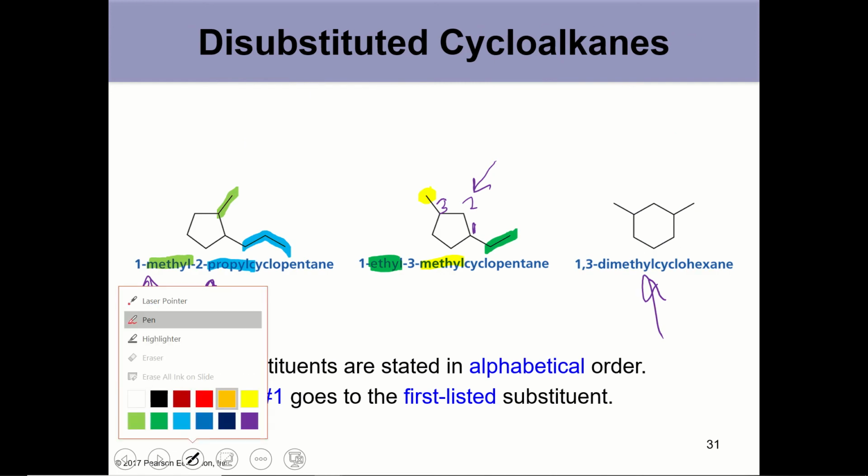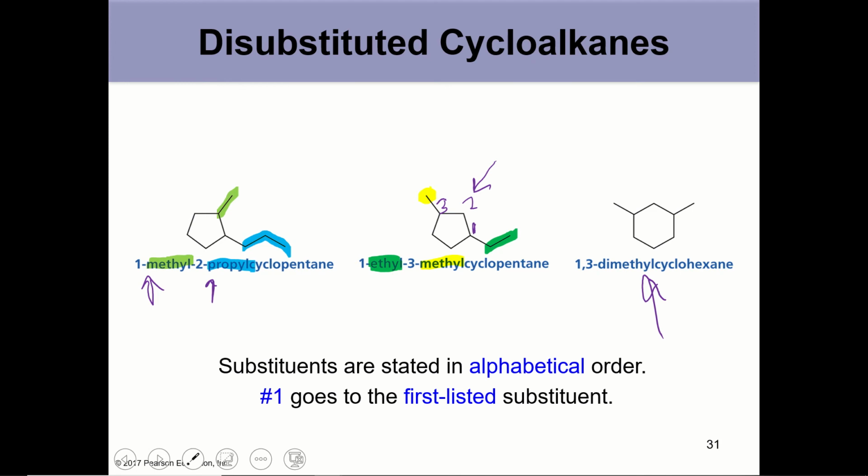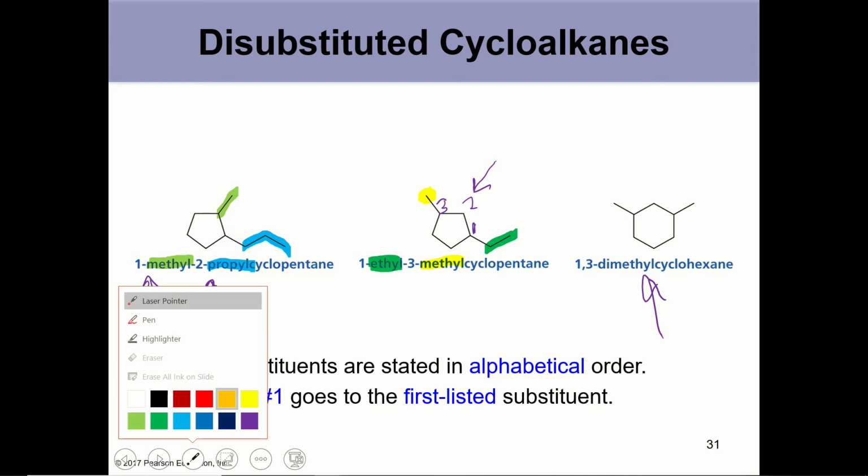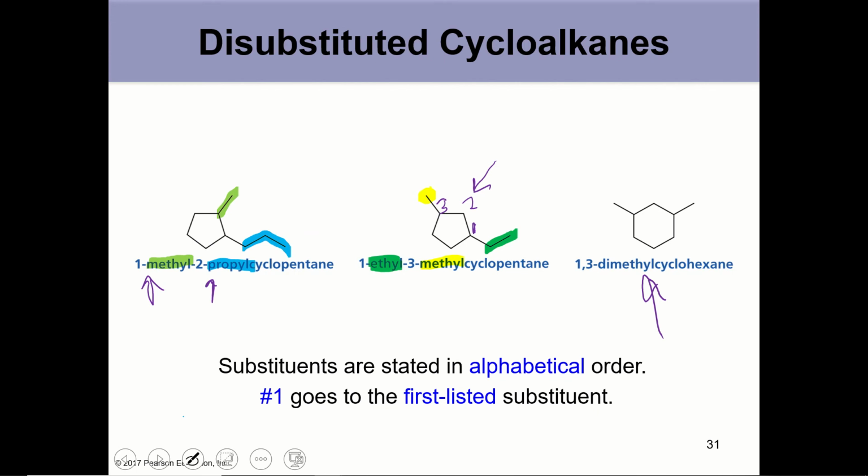Disubstituted rings. For disubstituted rings, we are going to number the substituents to give the lowest possible overall numbers, but also to give the lowest possible number to the group that comes alphabetically first. So what I do before I number is I name my substituents. I have a methyl on the ring at 1 carbon, and I have a 3-carbon on the ring, which is a propyl.